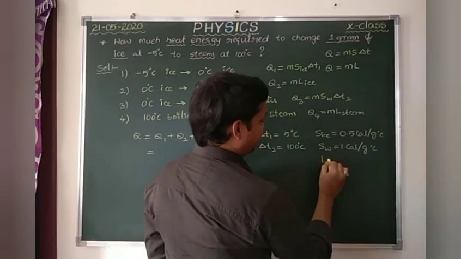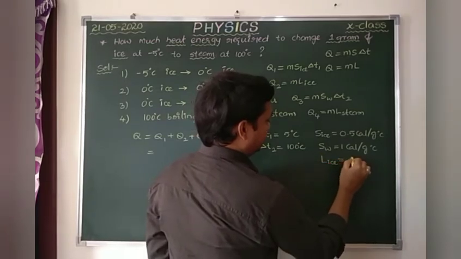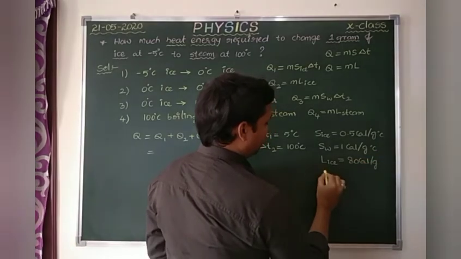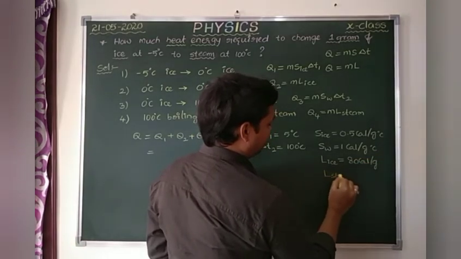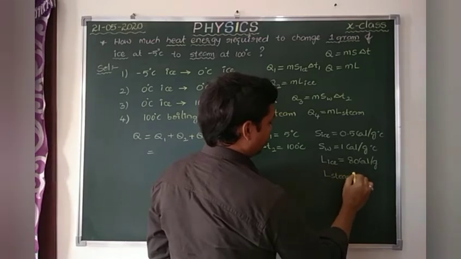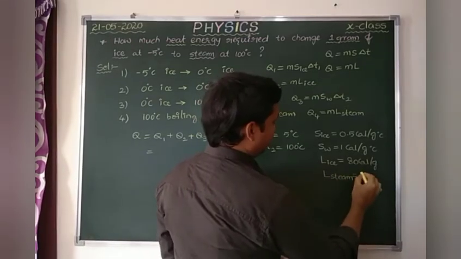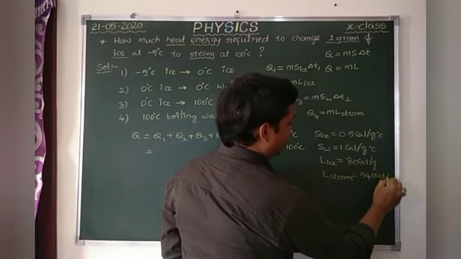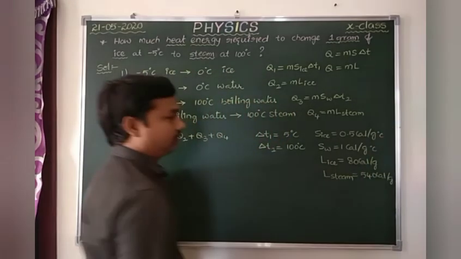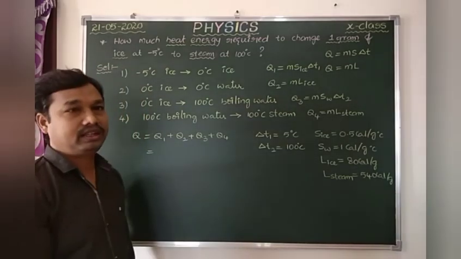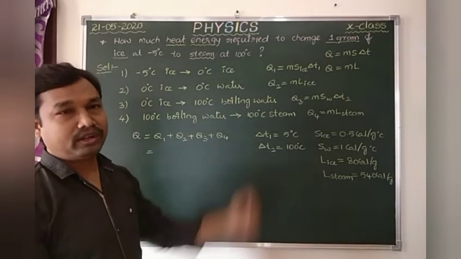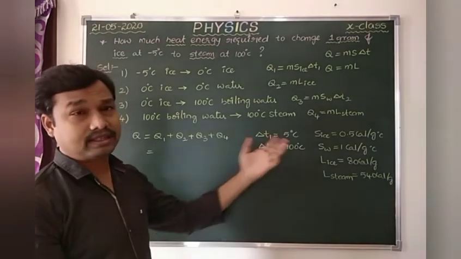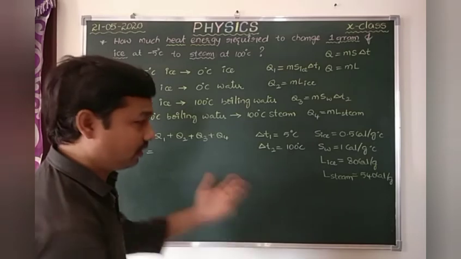Latent heat of ice is 80 calorie per gram. Latent heat of steam or vapor you can take as 540 calorie per gram. These values remain constant. While doing problems, they won't give us these, so we need to remember, and sometimes they will ask us questions in bits, so that you can remember.